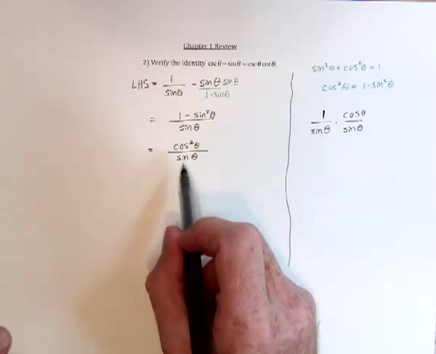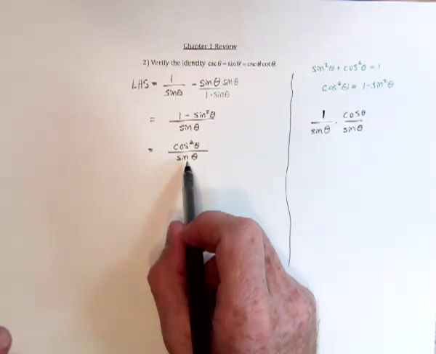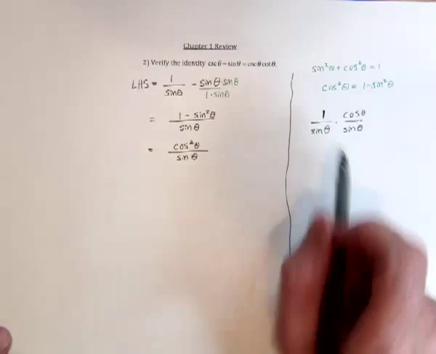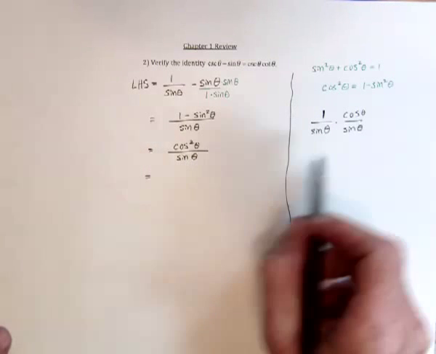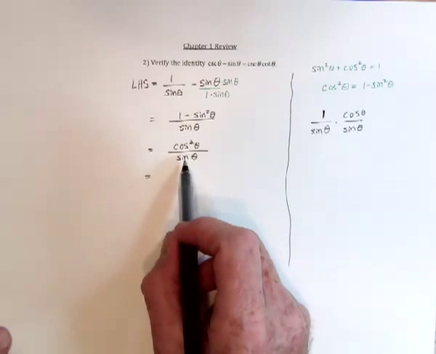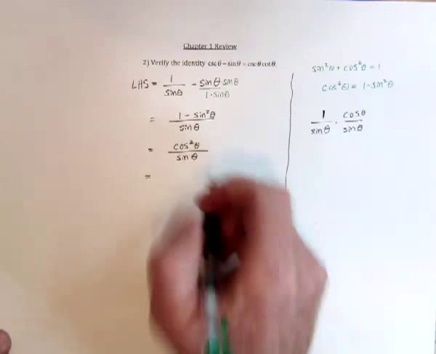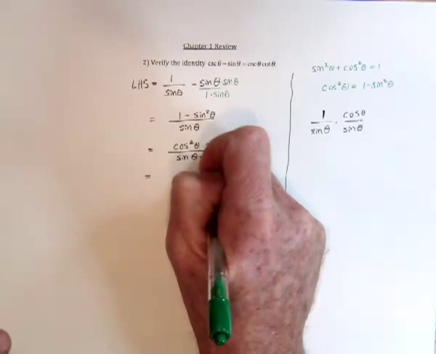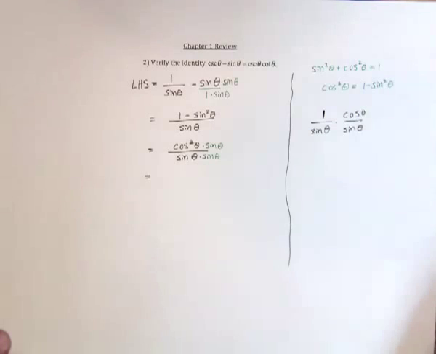Well, this has a cosine over sine, but this needs to have sine and sine in the denominator. Well, if I need sine and sine in the denominator, I need another sine in the denominator, so multiply by sine on the top and the bottom once again.